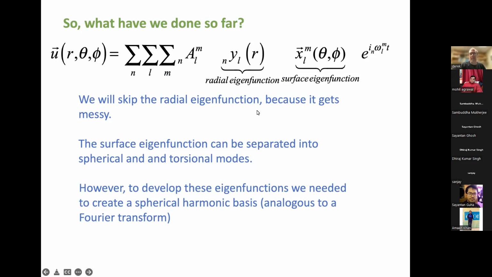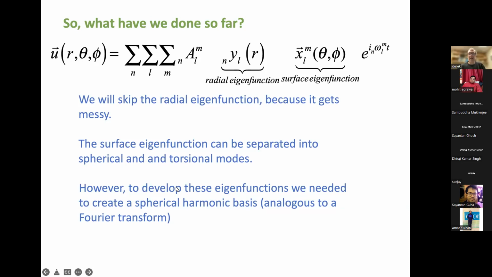We will skip worrying about the radial eigenfunction. It's important, but it's a little too complicated to do for this class. And then we will look at the surface eigenfunction in terms of spheroidal and torsional modes.